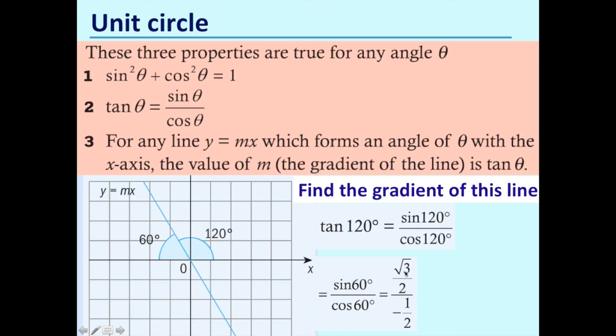We know that from the previous rule, which is just root 3 over 2. Cos 120 is going to be the same as cos 60, but the negative of it. So we know that cos 60 is a half, therefore this should be negative a half, and we can simplify that to give us negative root 3, or negative 1.73.